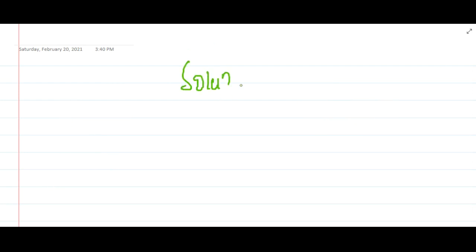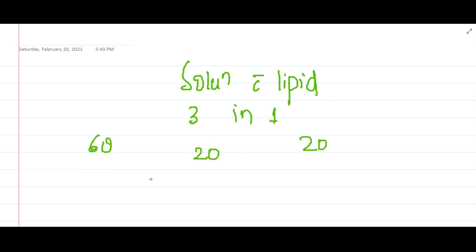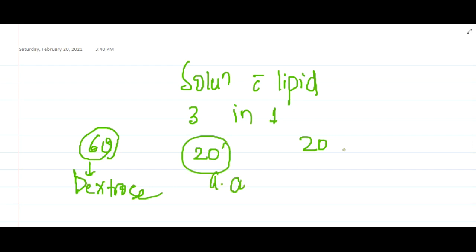These are 3 in 1, that is 60 20 20. That means around 60% dextrose is present, and we have 20% amino acids and 20% fats.